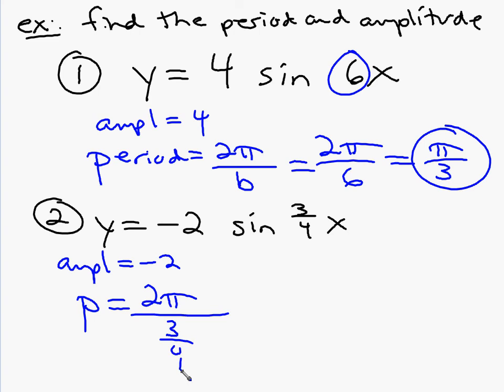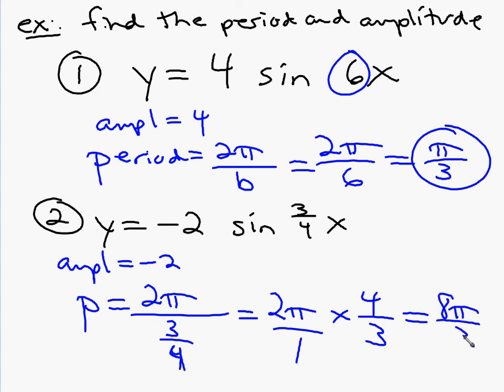Well, you just have to remember how fractions work. When I divide by a fraction, don't I multiply by the reciprocal? So you have to multiply by the reciprocal to find the period. So this period would be 8 pi thirds. And we will stop there for today.